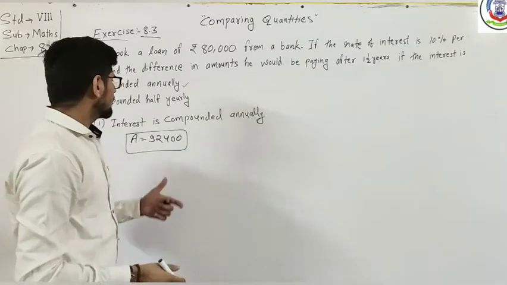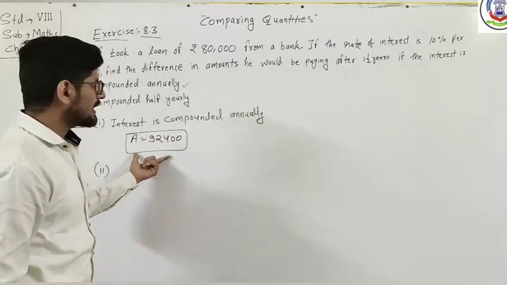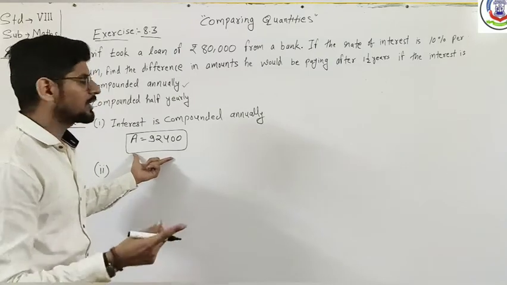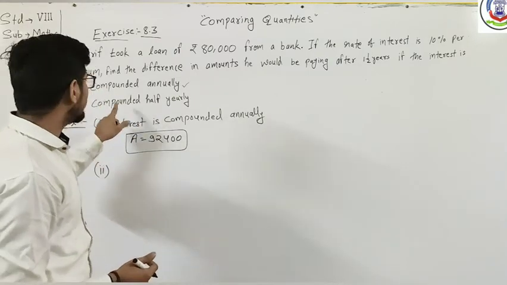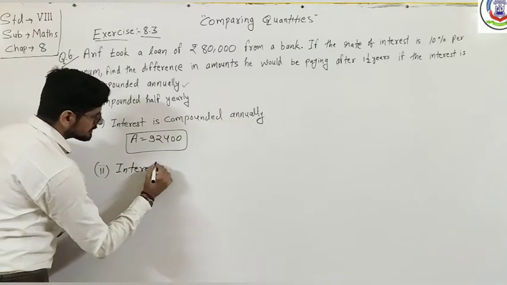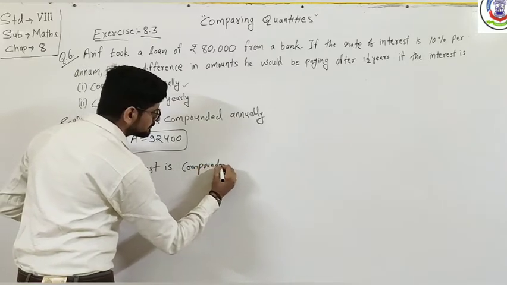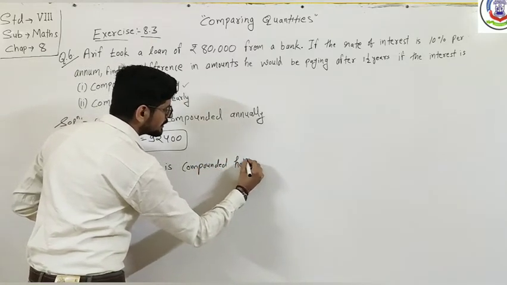Okay? Now हमने देखा कि when interest is compounded annually तब हमारा अमाउंट क्या आया था, 92,400 rupees. अब सेकंड केस क्या है, when interest is compounded half yearly.